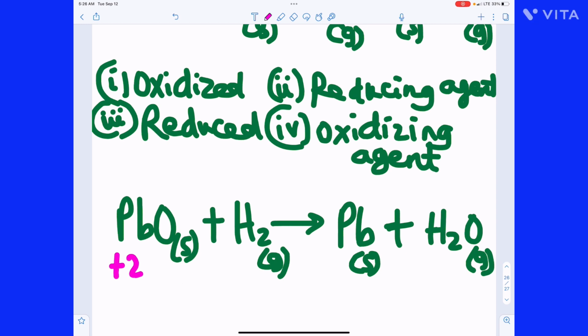The oxidation number of lead is +2 in lead oxide, because this is the same as lead(II) oxide. The oxidation number of hydrogen here is 0. It's a lone element. The oxidation number of lead here is 0 on the right, and that of hydrogen here is +1.